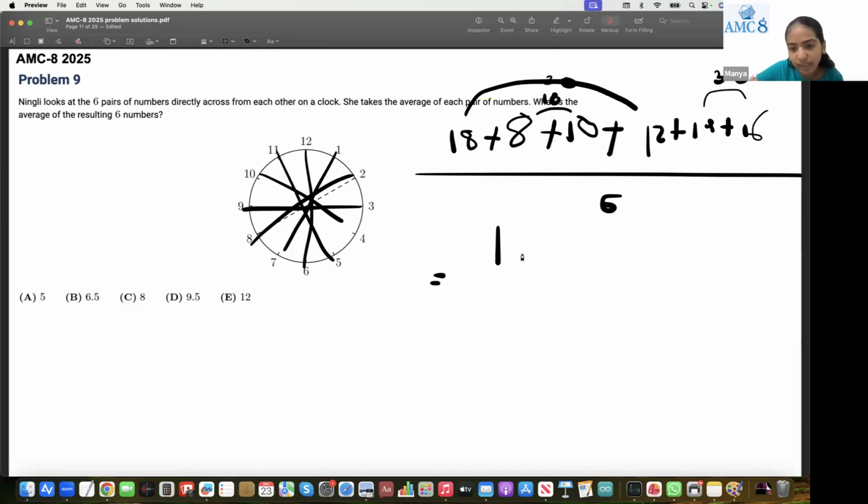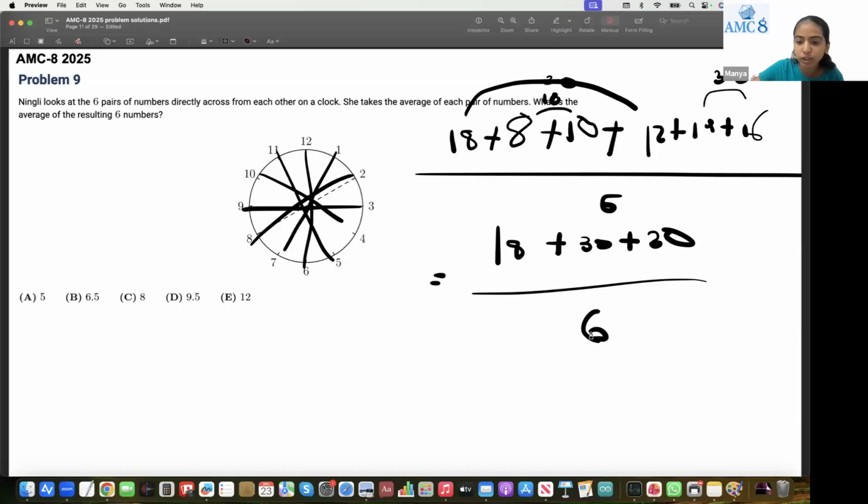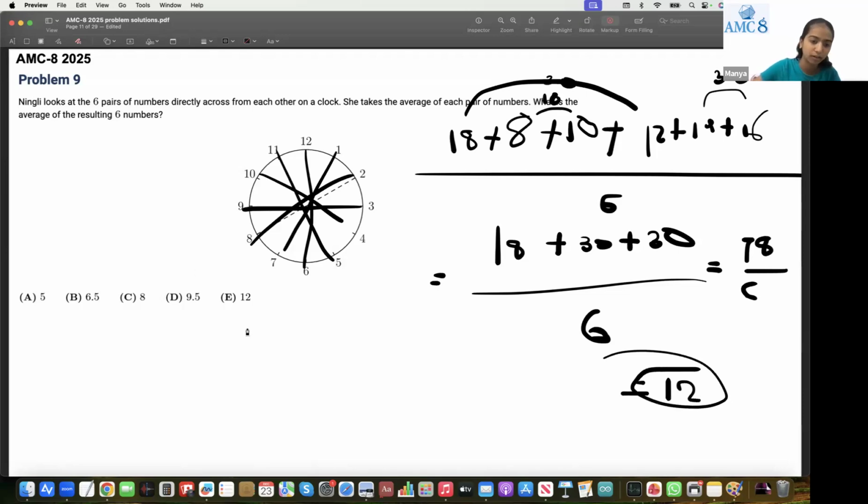So we have 18 plus 30 plus 30 divided by 6. The numerator would be equal to 78 divided by 6, which will be giving us 13. And so the average of all of these 6 numbers is going to be equal to 12. Answer choice E.